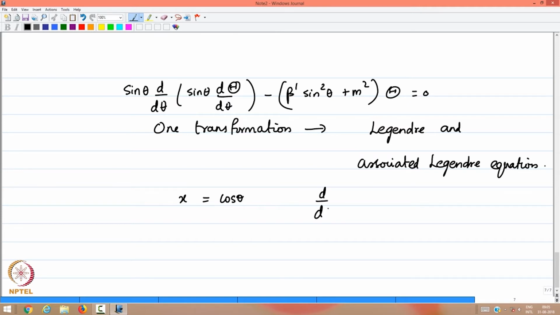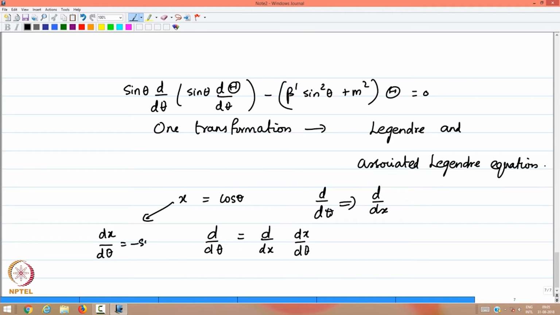in terms of d by dx. Replace them. Now, you know that d by d theta is going to be d by dx times dx by d theta, and dx by d theta for x equal to cos theta, if you take the derivative with respect to theta, is minus sin theta.